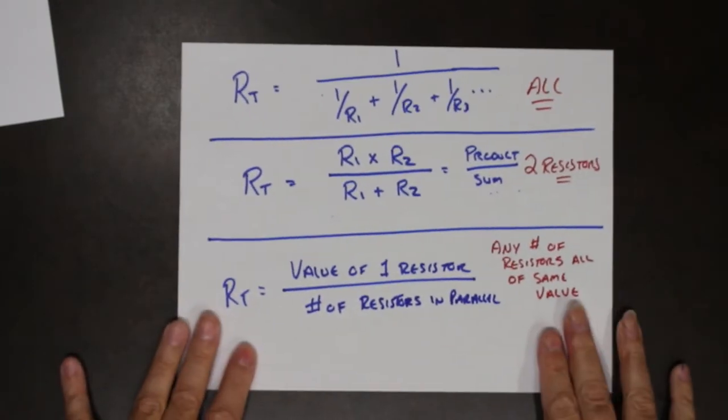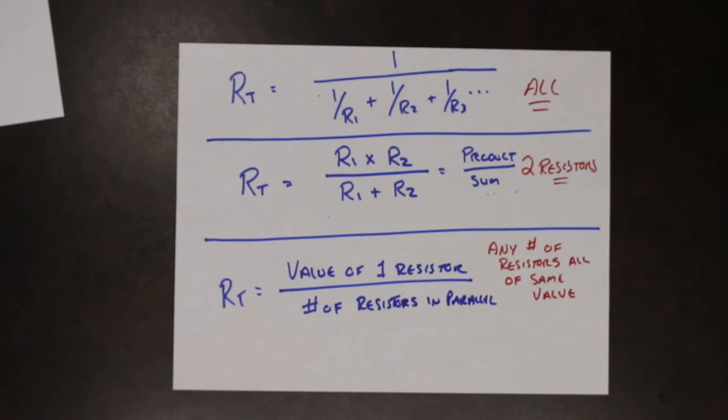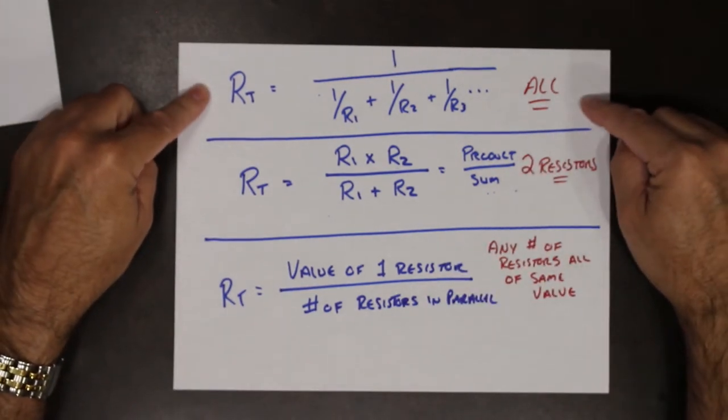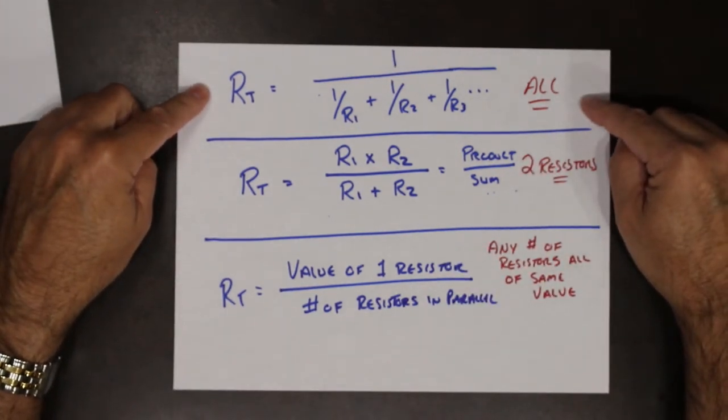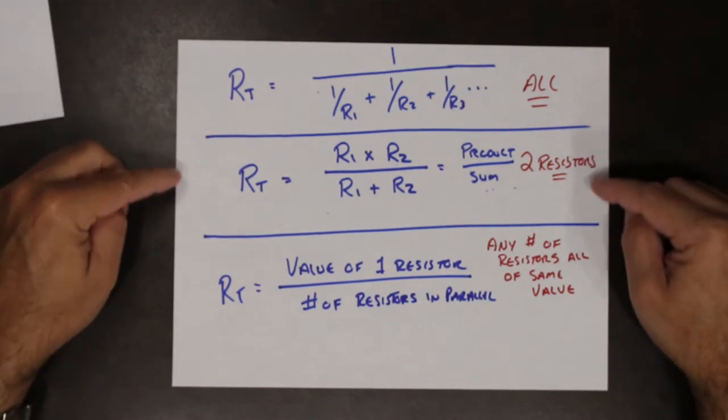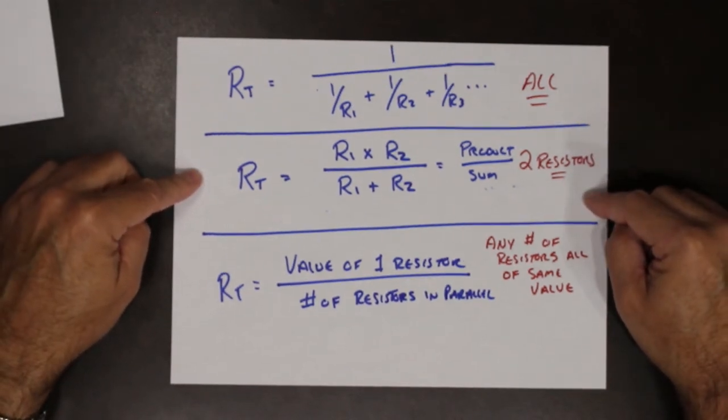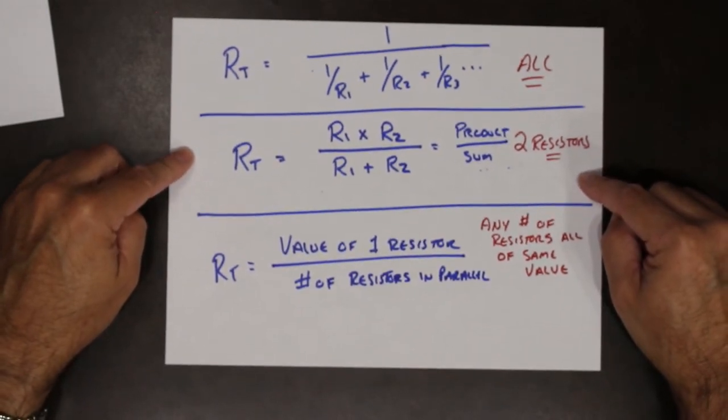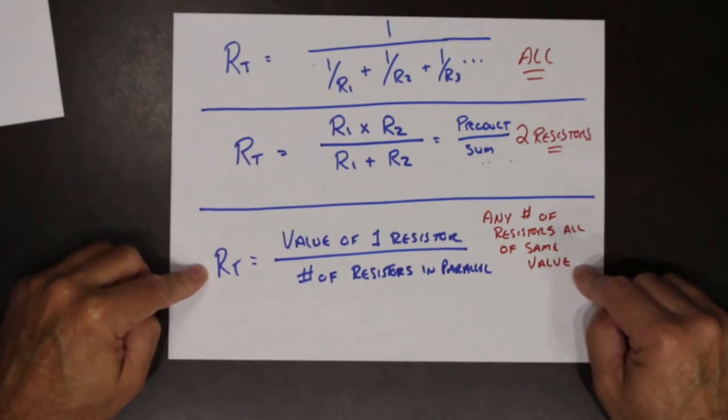There are the three formulas that are used to calculate the total resistance in any parallel circuit. This one works in all cases. This one is a shortcut that works when you have only two resistors in parallel. This one works when you have any number of resistors in parallel, but they all have the same value.